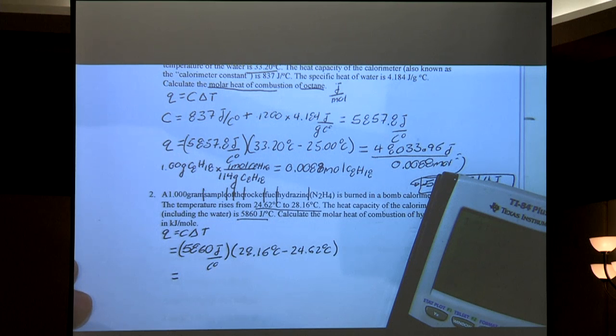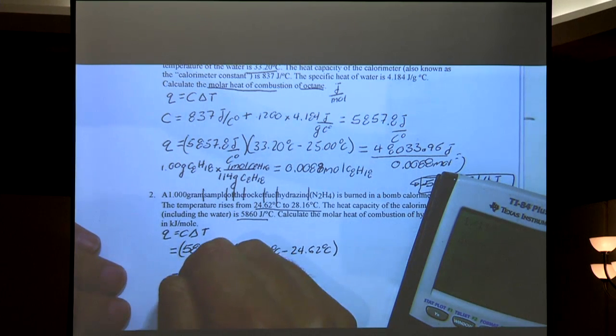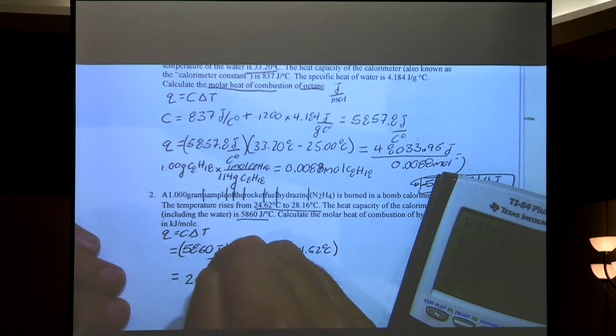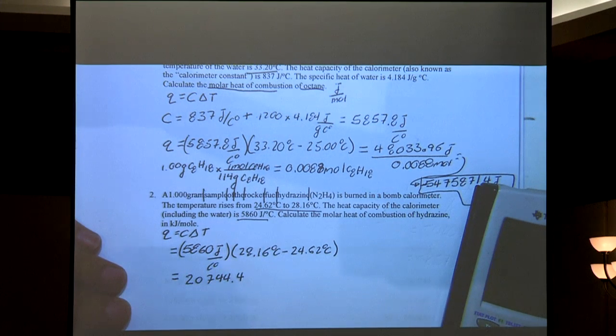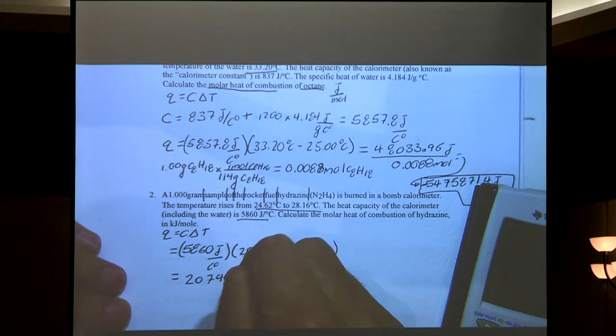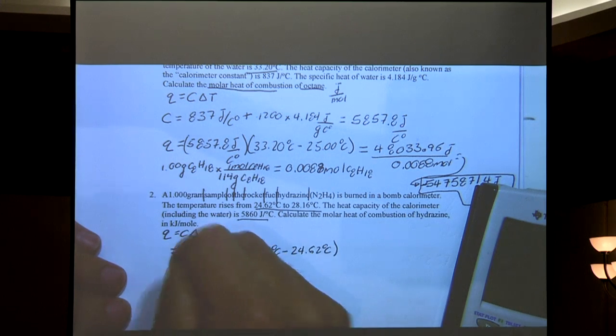So we go 5860 times 3.54, which is 20744.4. Awesome. So this is my Q in joules.